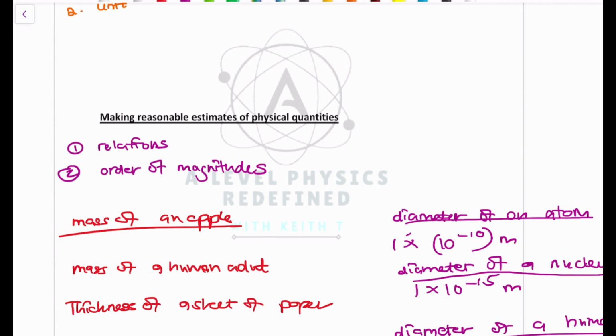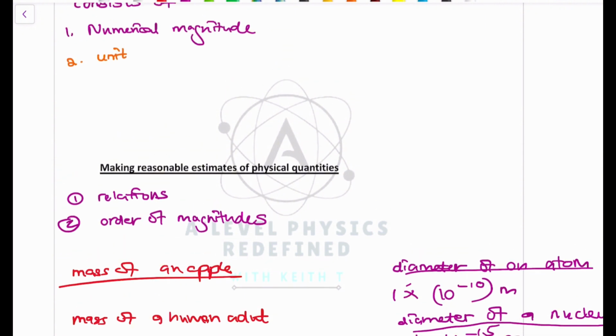I highly recommend that you create your own notes, whereby you'll be listing every single quantity you come across, right? Even in your daily life, you just say, I want to note the mass of an orange, and you write it down in your book, right? Or you have a book where you collect past papers, and you just put things from past papers in that book, like the age of the universe.